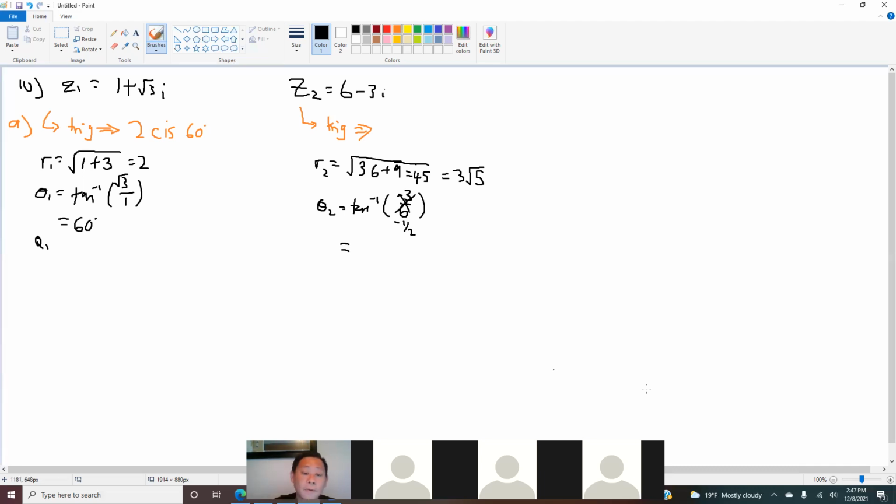Don't forget when you use a calculator here, you came up to be -26.57. So you cannot use this because this is in the negative. So what you need to do here? You gotta add 360 because this is in quadrant 4. So that's why you will get 333.44.